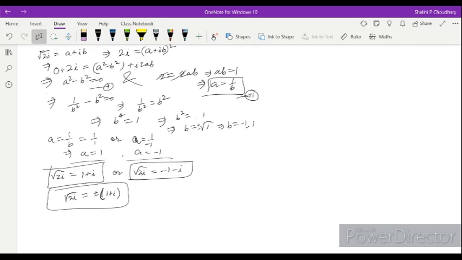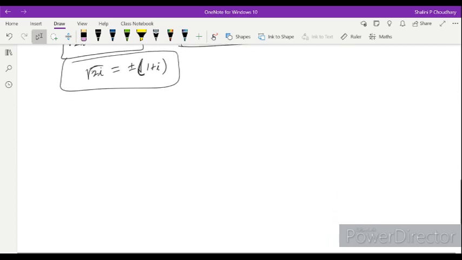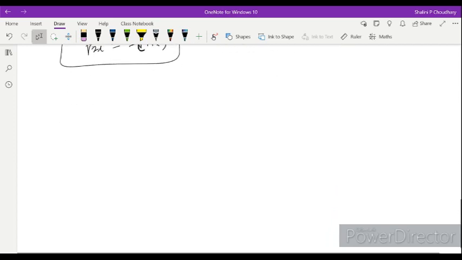Now the next thing that we are going to start, that is quadratic equation, solution of a quadratic equation in complex number system. Okay, so now we have to find out the solution of a quadratic equation.